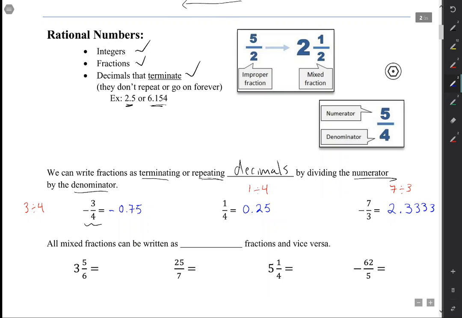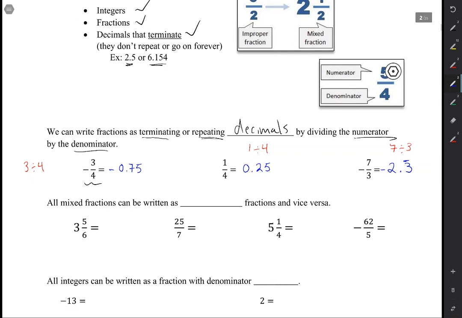Another way we can write a repeating decimal is you only write one of the numbers that's repeating. The 3 is the thing that's repeating, and then you put this little line over it. The little line means that it's repeating forever after that. And then I'm going to also tack on that negative sign out front, because this is a negative number. So negative 2.3 repeating is how you would say that.